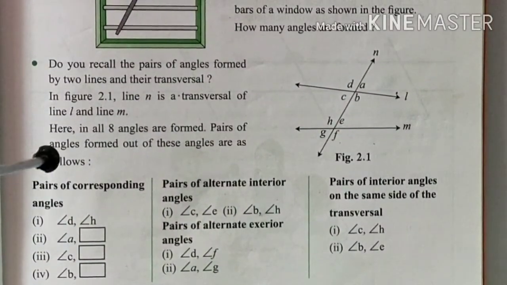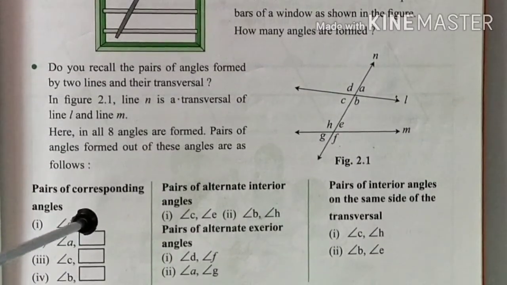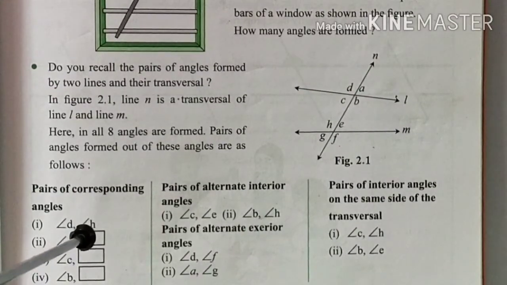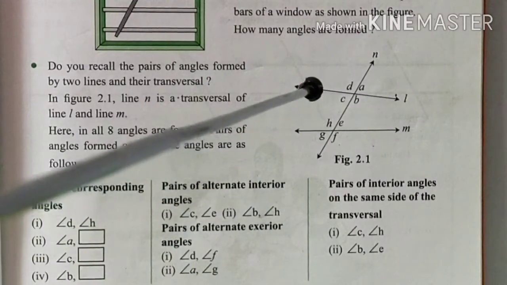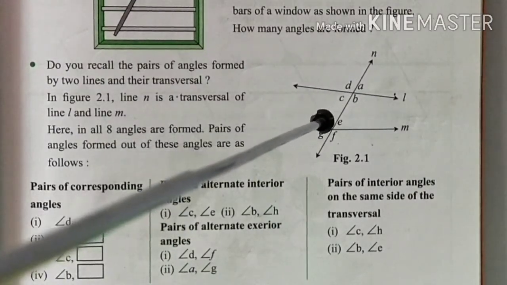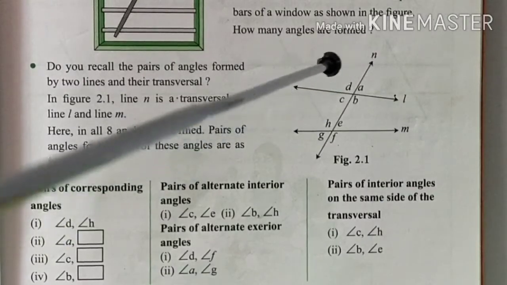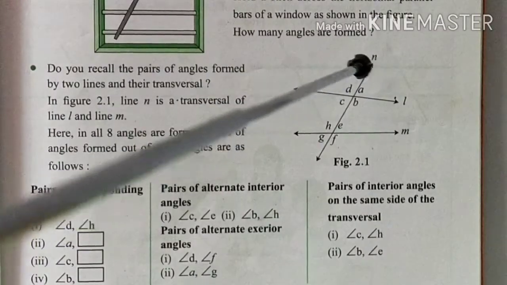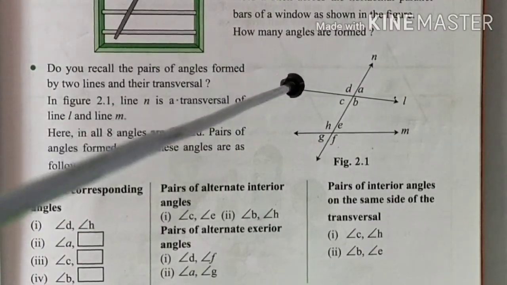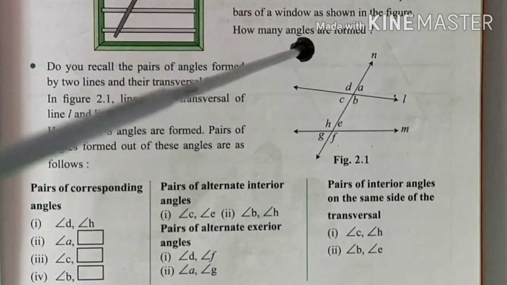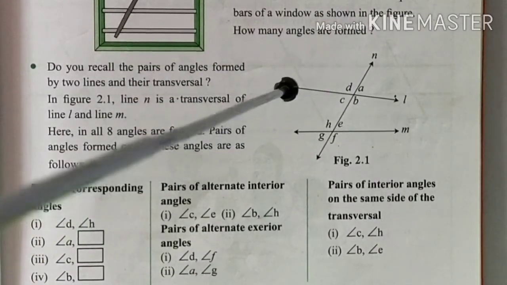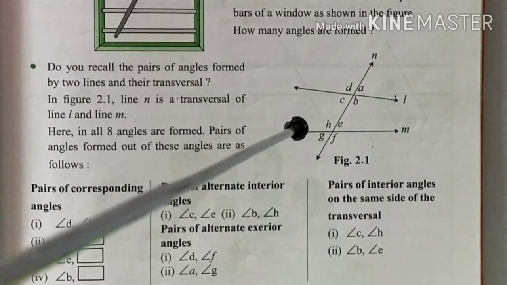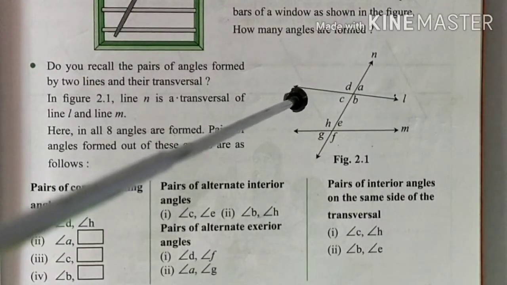The first pair is the pair of corresponding angles, and here we have given one pair as angle D and angle H. What we notice here, students, is that D and H are angles on the same side of the transversal. Both angles are on the left side of the transversal and in the same direction of the lines also. D is formed in the upward direction of line L, and H is also formed in the upward direction of line M.